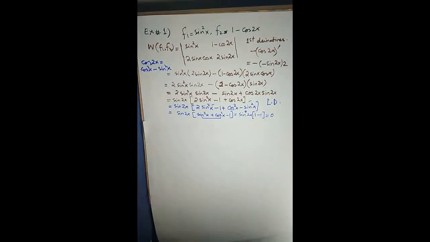Okay, next example. There are two functions. f1 is e to the power m1x and f2 is e to the power m2x. So two functions, that means n minus 1, one first order derivative.